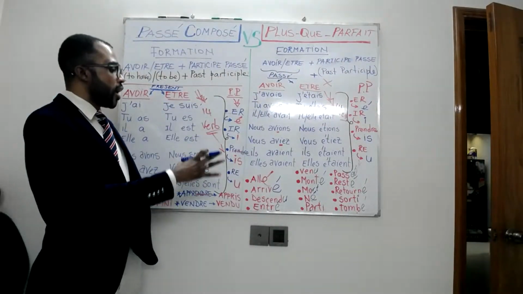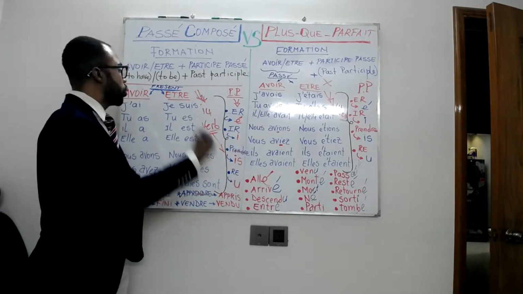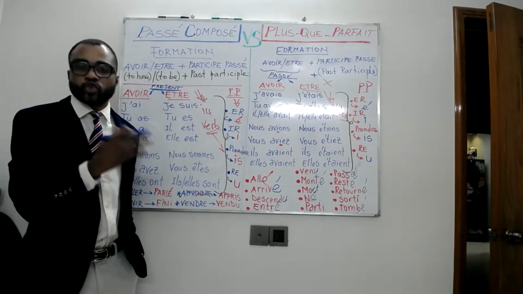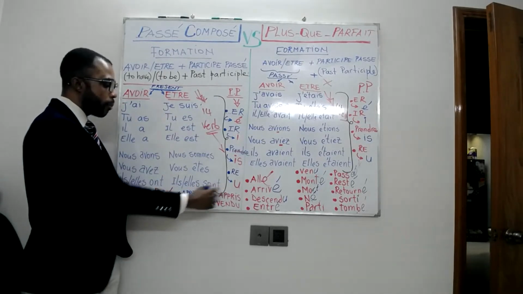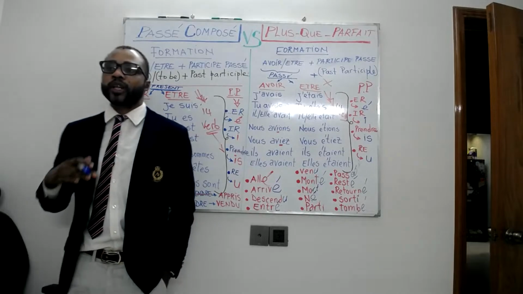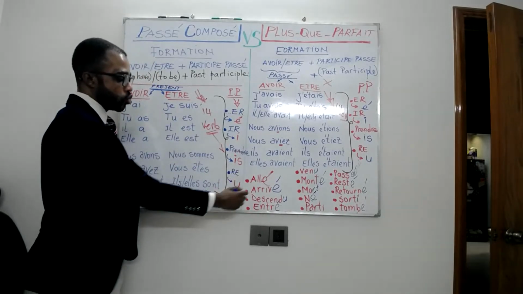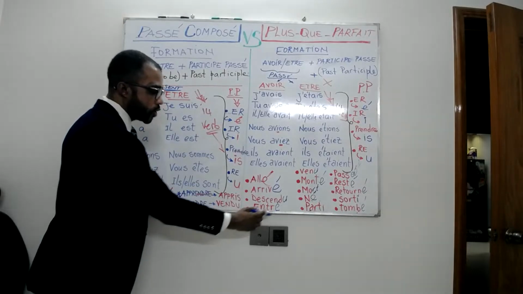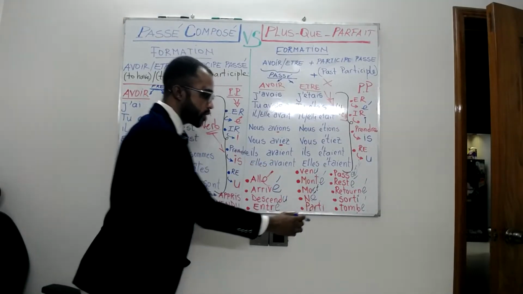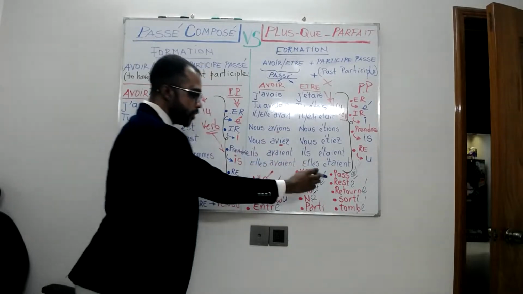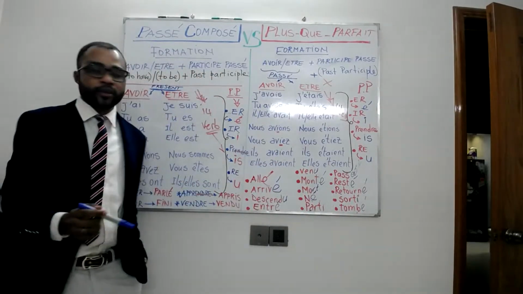All right, so these are few verbs you can master to make sure you know how to use je suis. So we do not use je suis, je suis parlé, je suis appris, je suis vendu. No, it's completely wrong. You use je suis with this verb. Je suis allé, je suis arrivé, je suis descendu, je suis entré, je suis venu, je suis monté, je suis mort, je suis né, je suis parti, je suis passé, je suis resté, je suis retourné, je suis sorti, je suis tombé.